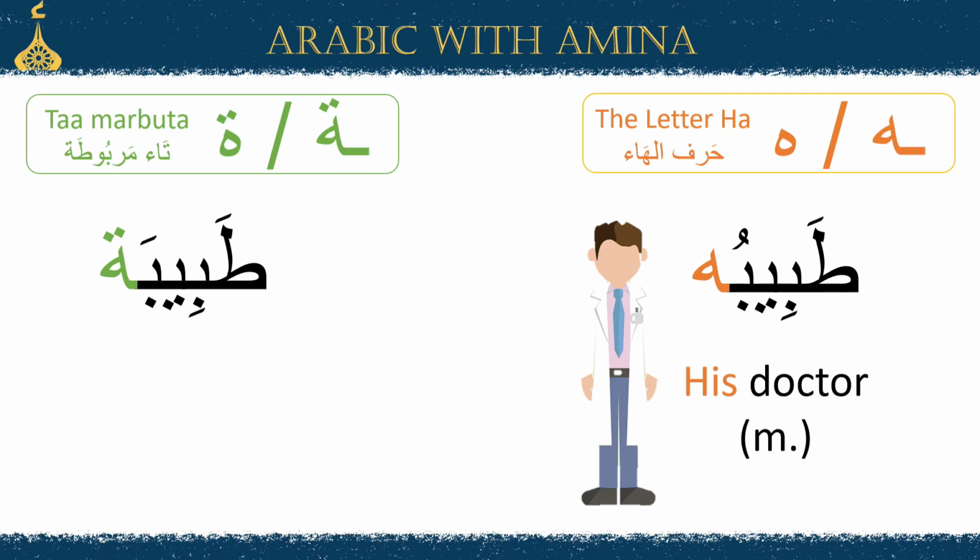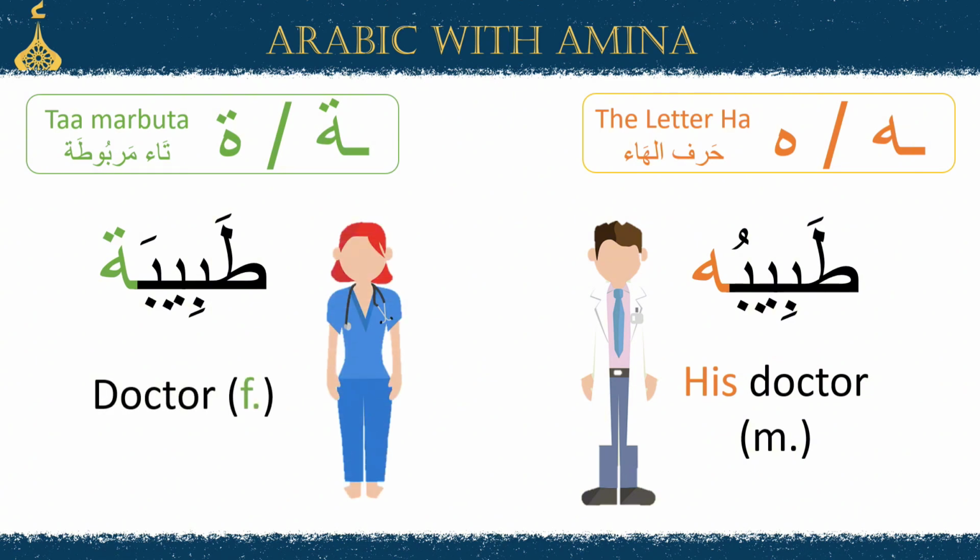And we are referring to a male doctor. The second word, ending with ta marbuta, means a female doctor. Big difference, right? This is why it's important to differentiate between the letter ha and ta marbuta.